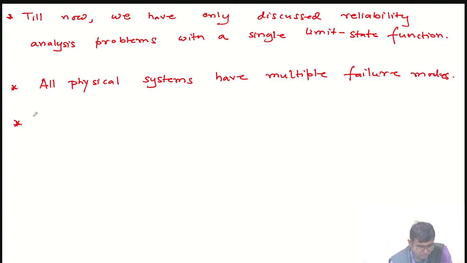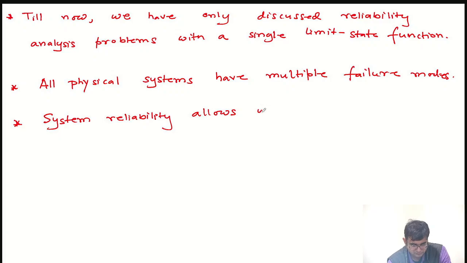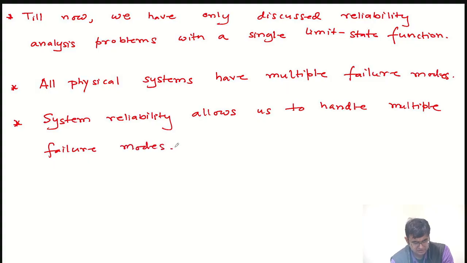So system reliability allows us to handle multiple failure modes, or rather system reliability is about handling multiple failure modes. You can also think of it like that. Any doubt on this? This is clear?